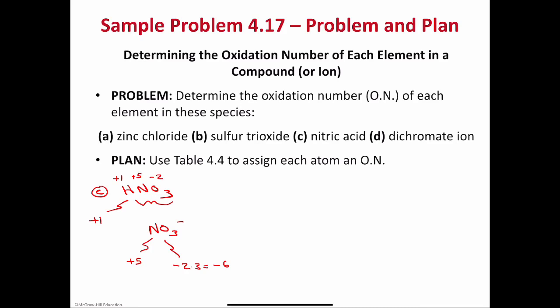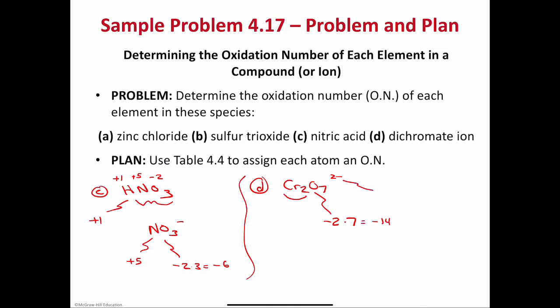Let's take a look at the dichromate ion. So dichromate is Cr2O7, and it has a 2- charge. Again, oxygen has an oxidation number of -2, unless it's in a peroxide, and this is not a peroxide. There are 7 of them. That gives me -14. So I need to balance out -14 so that I end up with a 2- charge overall.